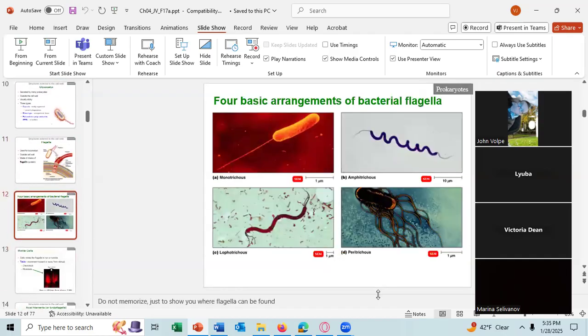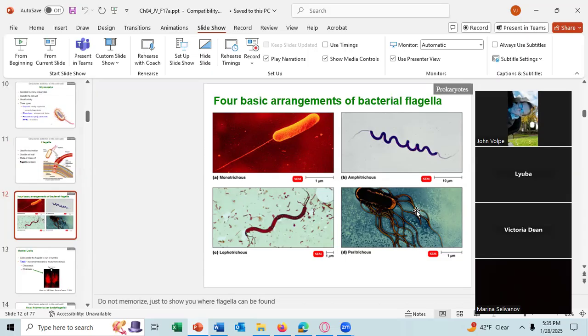All right, you need to know the four basic arrangements that bacterial flagella can have for the lab. You can have monotrichous, shown here; amphitrichous, where you have one or several on each end; lophotrichous, several on one side; and then peritrichous, many flagella all over the cell.